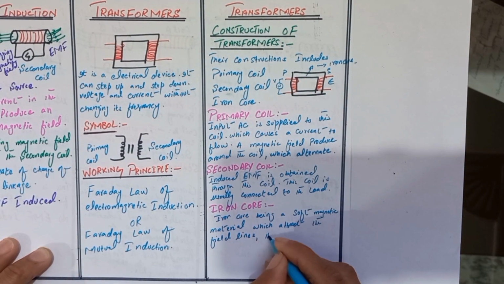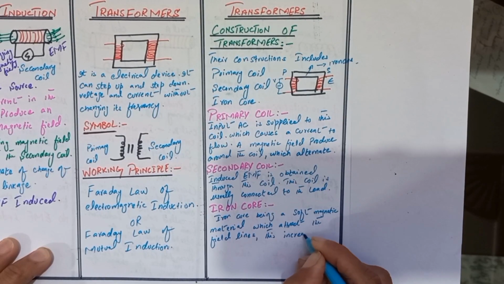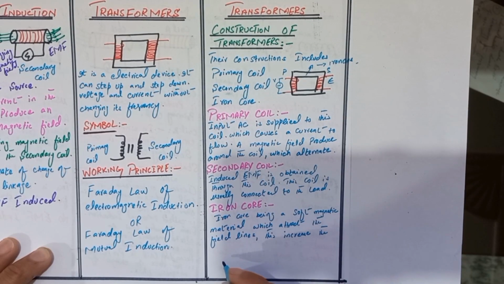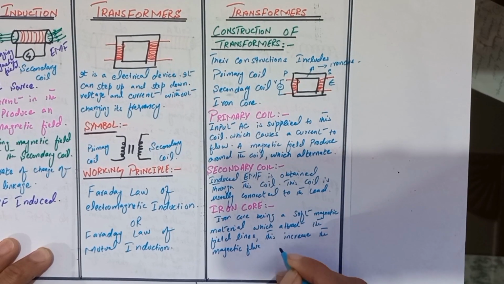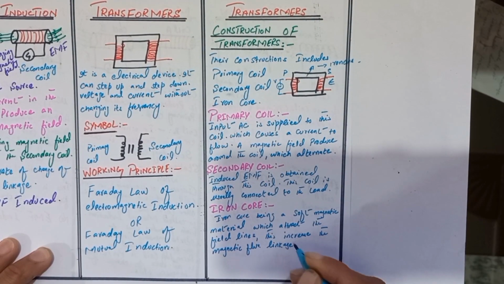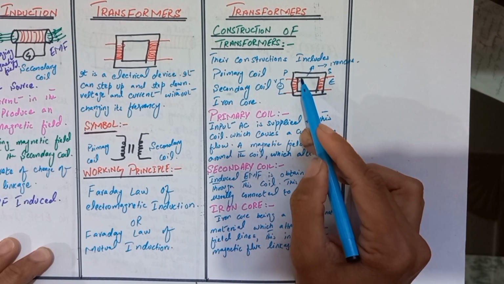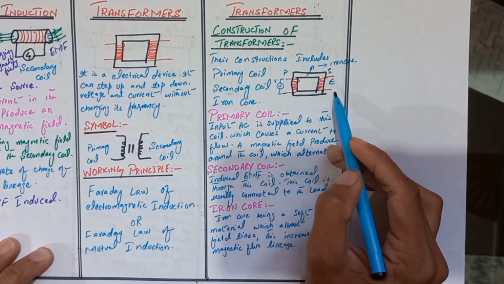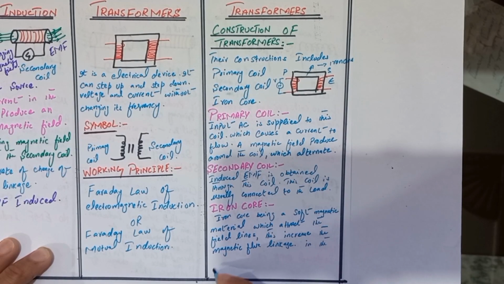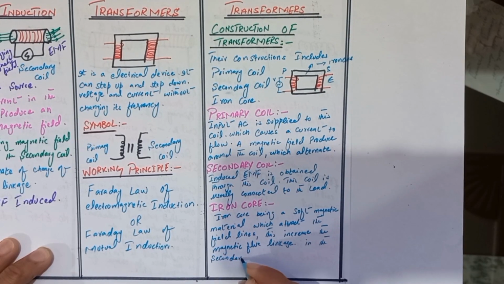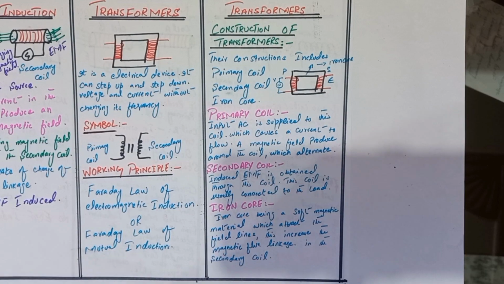So this increases the magnetic flux linkage. Due to the attraction of the magnetic field lines by the iron core, the magnetic flux linkage in the secondary coil is increased.